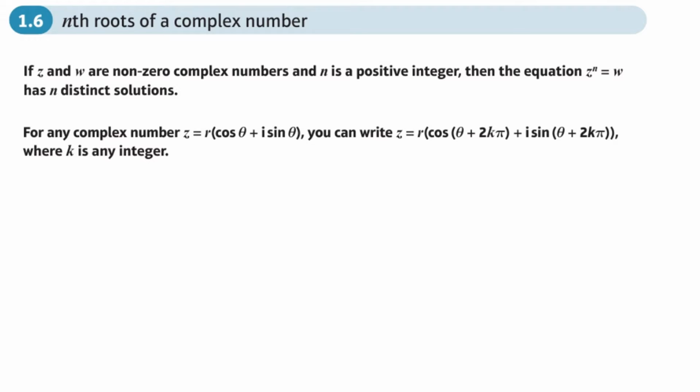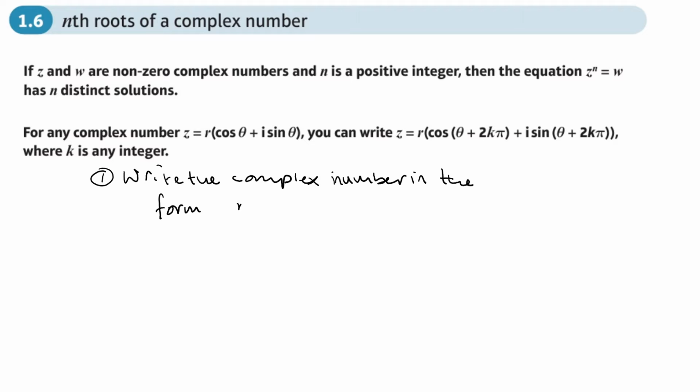So the first thing is, if we want to find the roots of a complex number, the first thing we need to do is to write the complex number in the form r(cos theta + i sin theta).